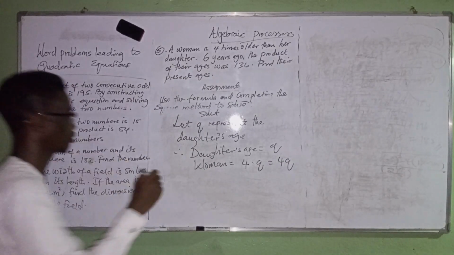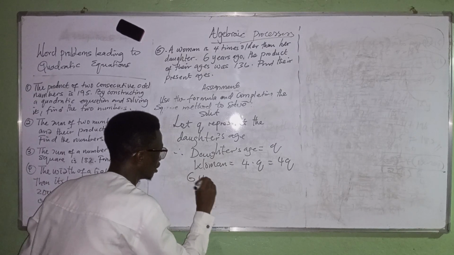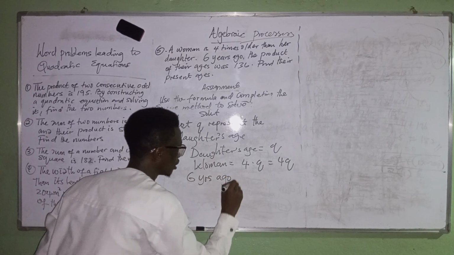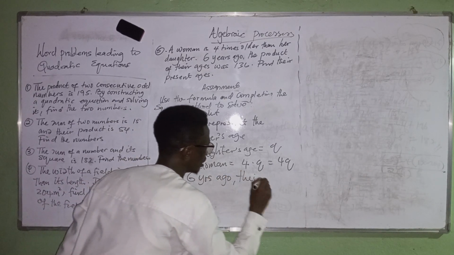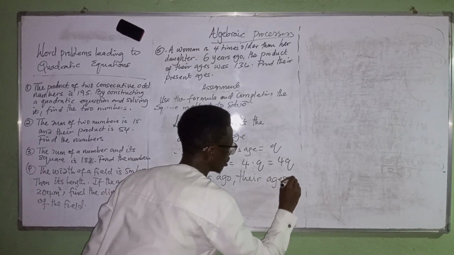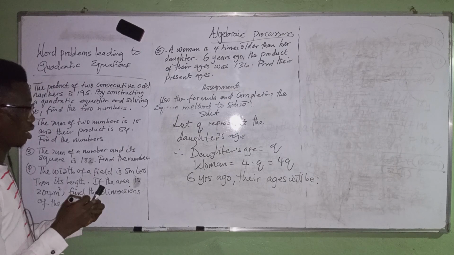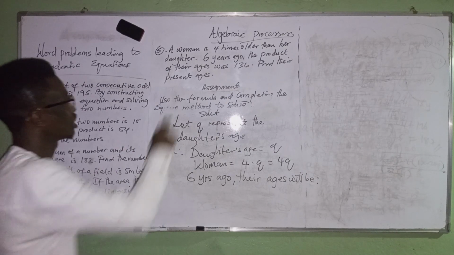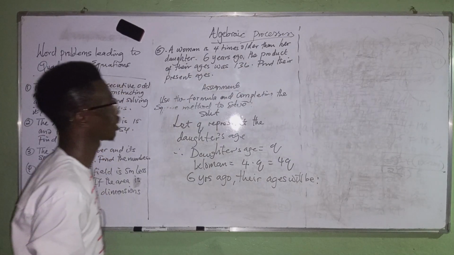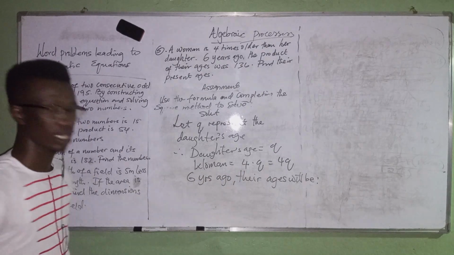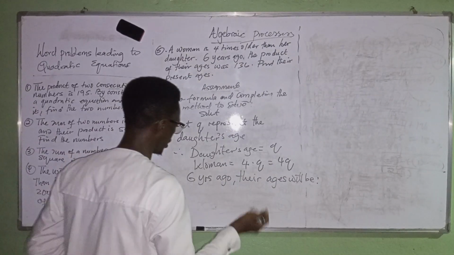6 years ago, their ages will be what? That's exactly what we are going to find out. It says 6 years ago, the product of their ages was 136. So let's determine first, 6 years ago, what were their ages?